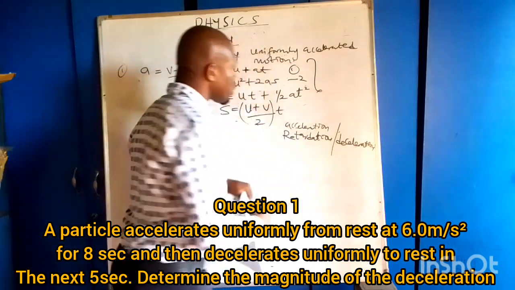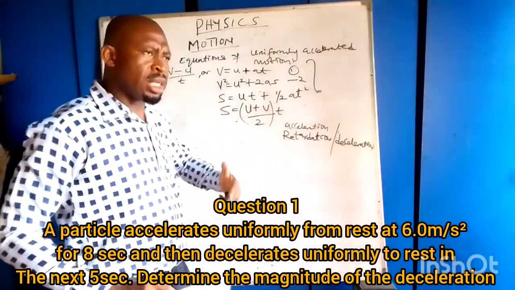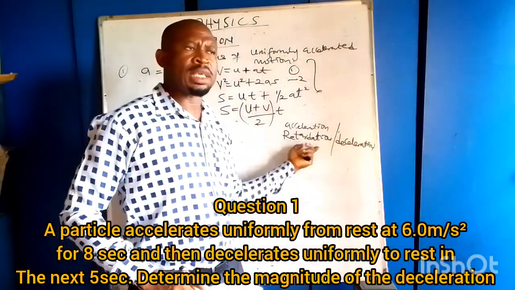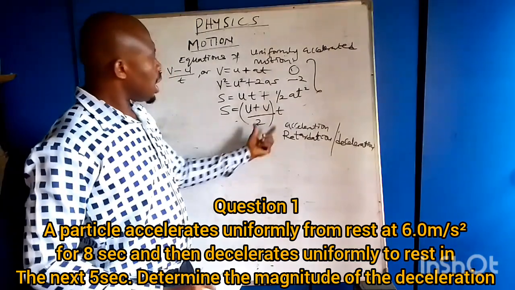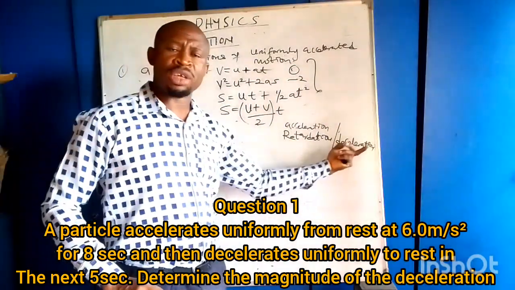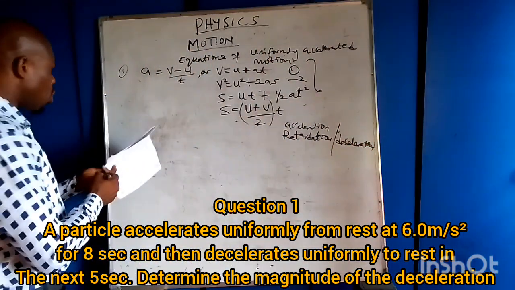This is the negative of acceleration. Acceleration means increase in speed, while retardation is decrease in speed. Acceleration has positive sign, while retardation or deceleration has a negative sign. So as we move on, we will consider that.